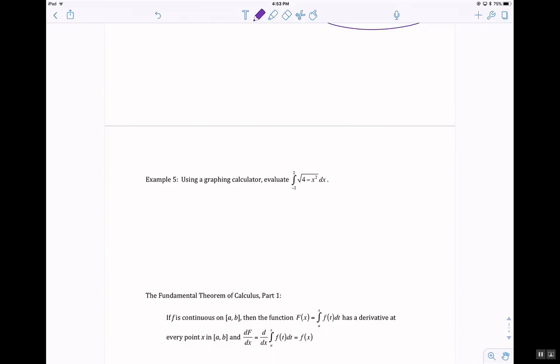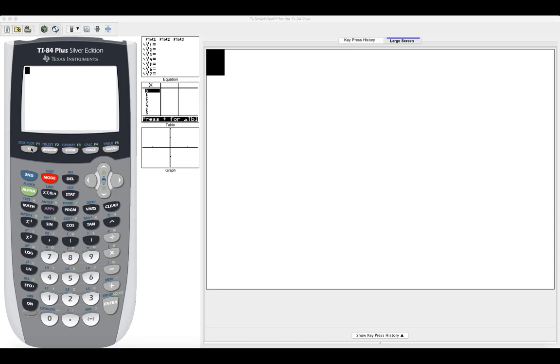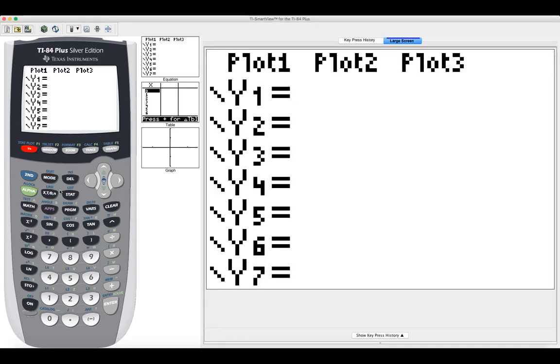Using a graphing calculator, evaluate this function. Okay, so let's take a look at our graphing calculator. So I'm going to plug in my equation into y equals.